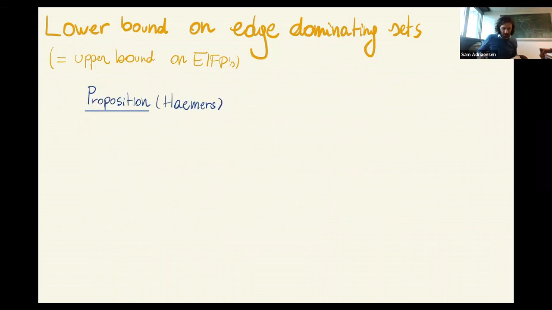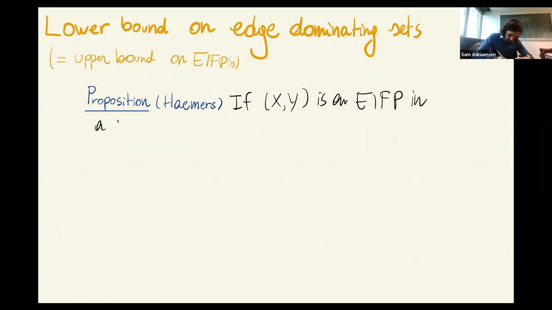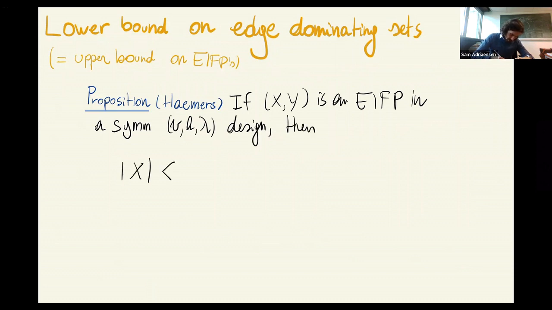And this gives us the proposition by Willem Haemers, which says that if (X, Y) is an equinumerous incidence-free pair in a symmetric (v, k, lambda) design, then the size of X is at most the size of a maximal arc of order square root of k minus lambda. So what is the size of this arc?